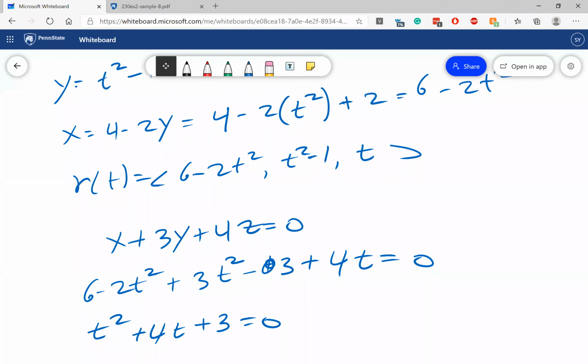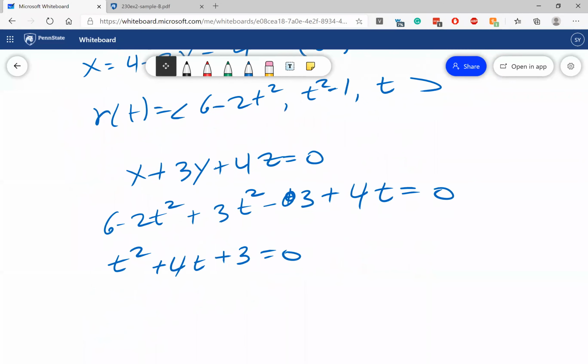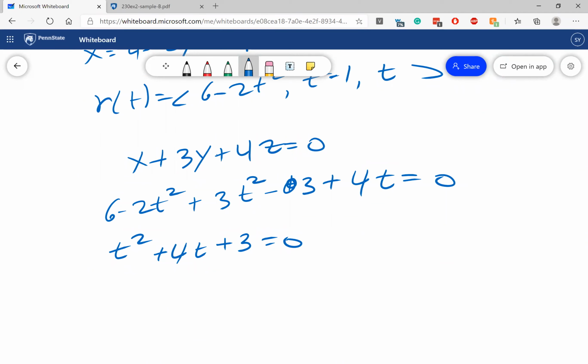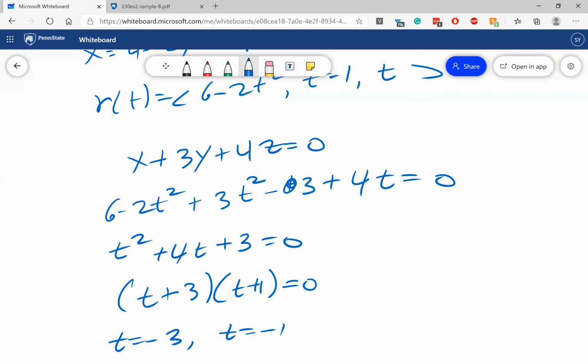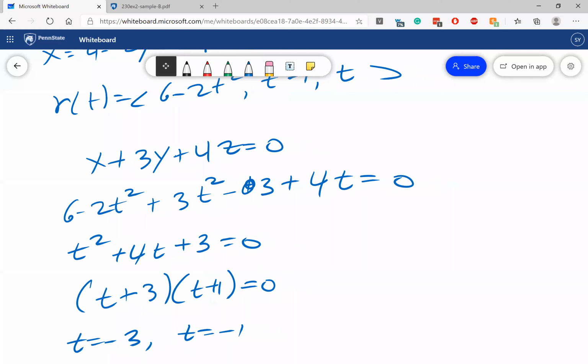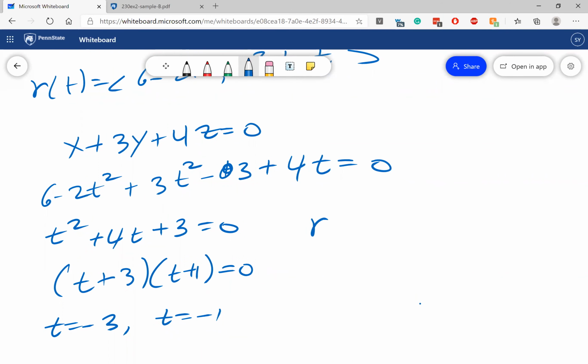And so from here we're going to get that t plus 3, t plus 1 is equal to 0. So t is equal to -3 and t is equal to -1. And so the two places where we intersect our plane are going to be r of -3 and r of -1.